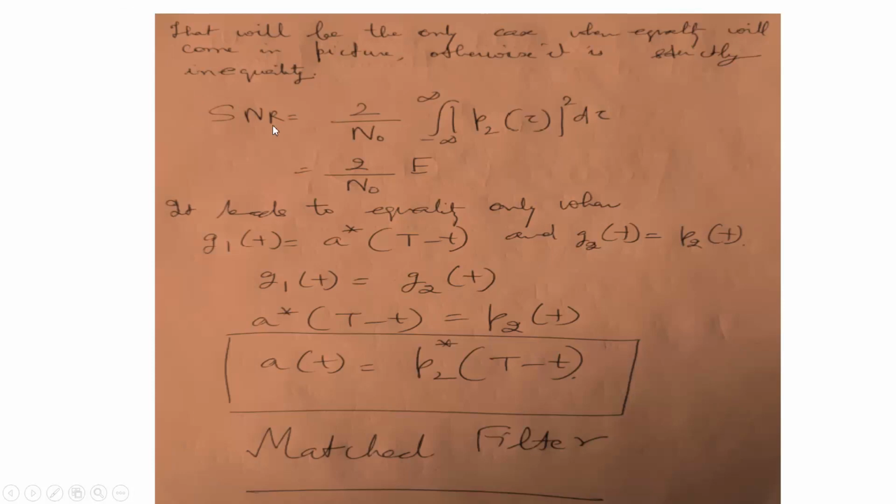So the signal to noise ratio now becomes 2 by N naught times E, because this is the energy of the pulse. It leads to equality only when G1(t) is a multiple of G2(t), and I assume that the multiple factor is 1.